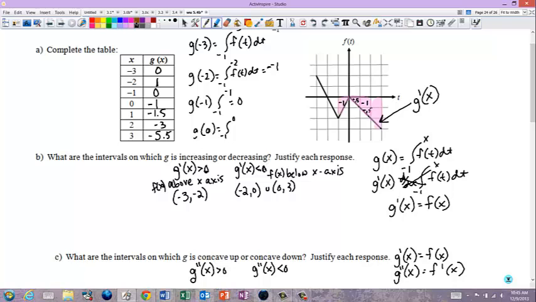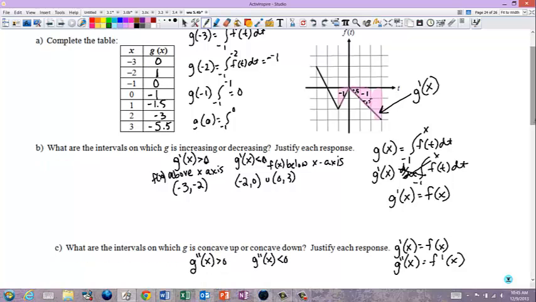So where is it? Let's do concave up in green. Concave up is where g prime of x is increasing, and concave down is where g prime of x is decreasing. Oh, I was going to do them in different colors. Oh well. So I'll do increasing.